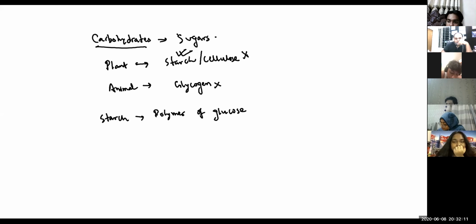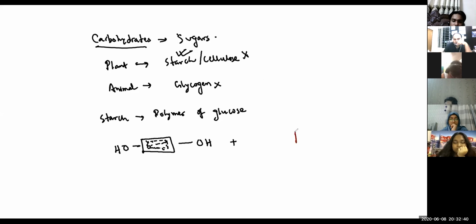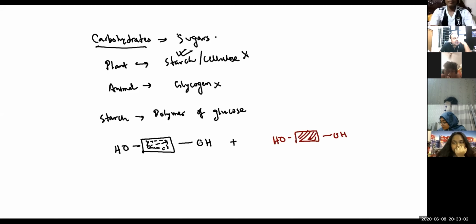So glucose's structure is a very complex structure. So we are not concerned with that. What we're concerned is it is a diol. So this is one glucose, this is another glucose. আমরা last class we studied about ester linkage. মনে আছে?